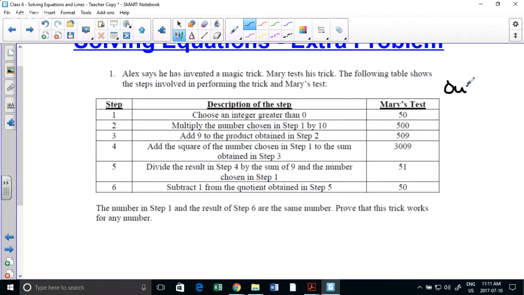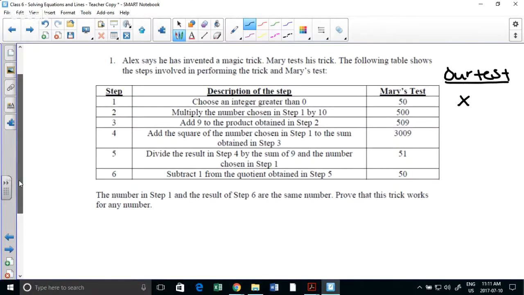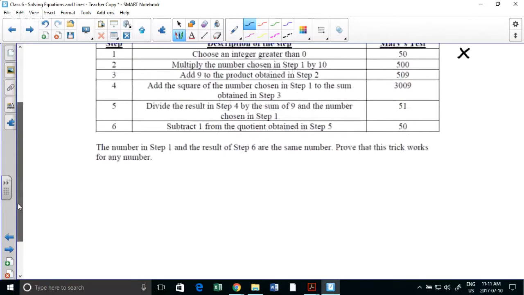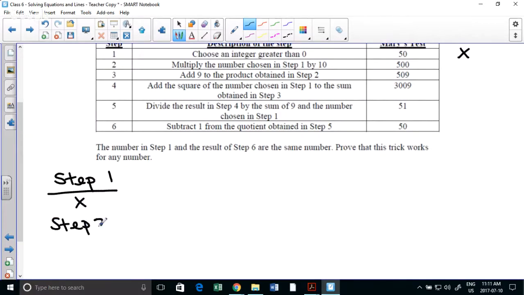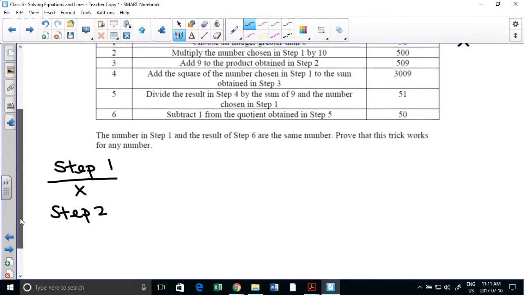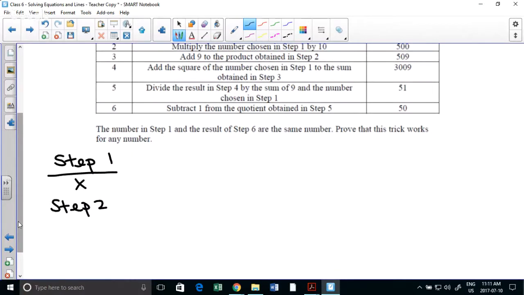So it says, prove that this works for any number. If you're proving this works for any number, you're not just going to test every number in the world. You're going to do this with a variable and see if it pans out. So you start off with x, meaning my step one is x. Step two. So basically we're going through all these steps with x and seeing if we get back what we started with.